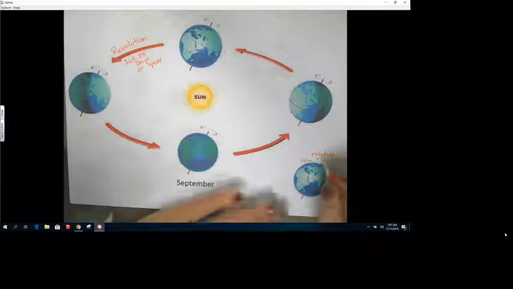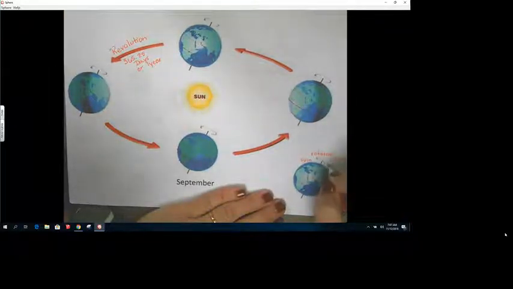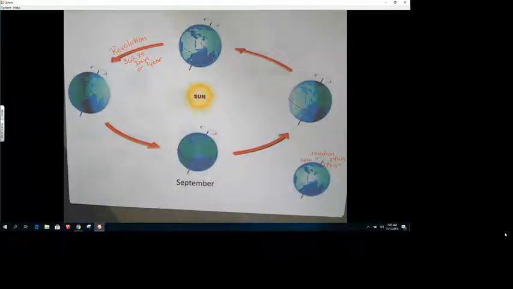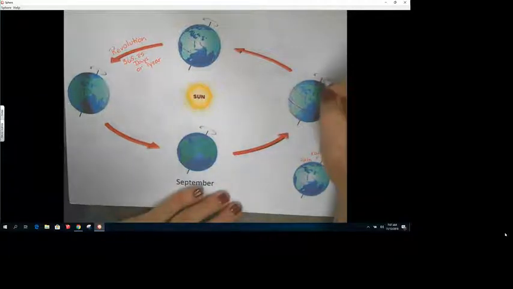Remember that this axis here is 23.5 degrees. And as we are rotating on that axis, the axis here always points toward the North Star.